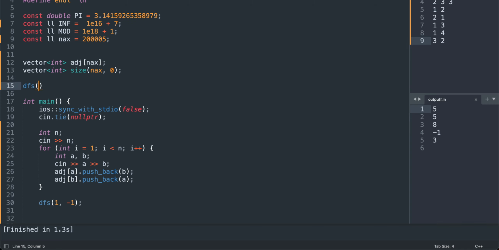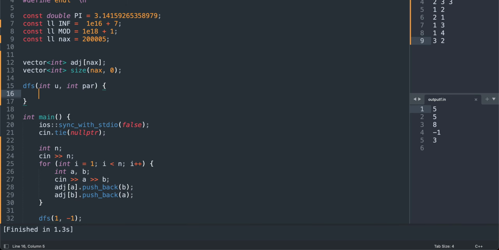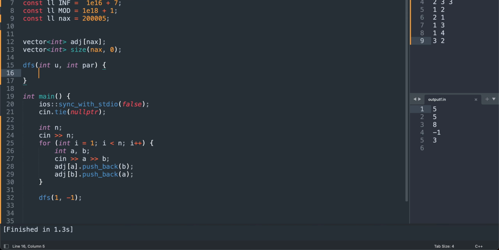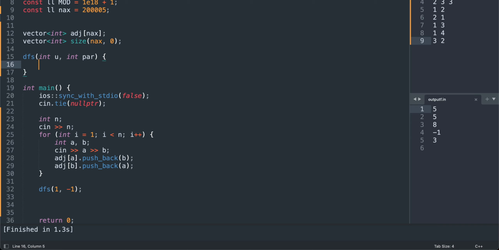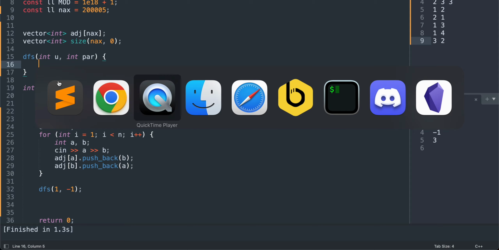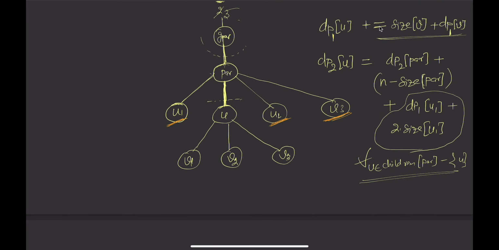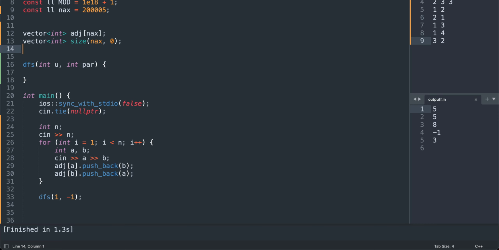What will the DFS calculate? Can we also calculate that first value, dp1, directly? I think we can, right? So in this function only we can calculate dp1 because it depends on v, dp of v and size of v. Okay, so let's calculate both directly in one function only.